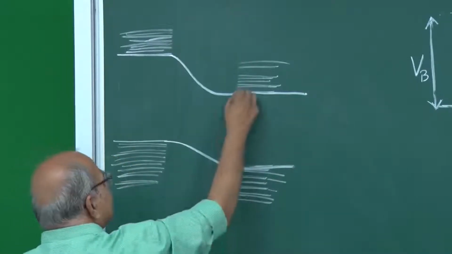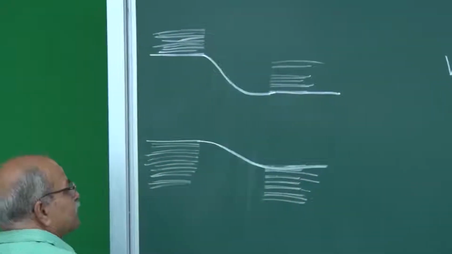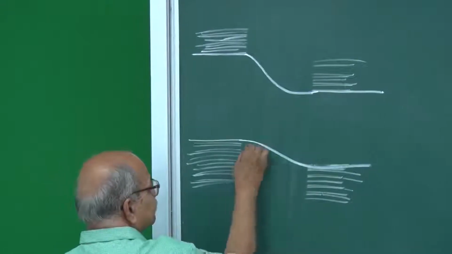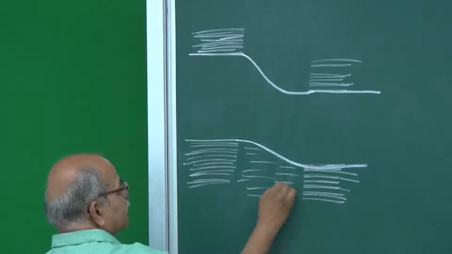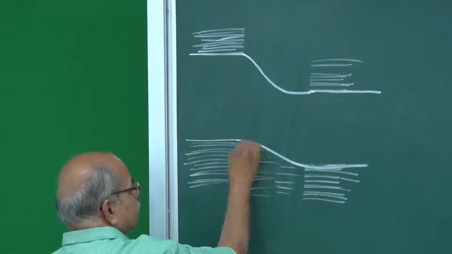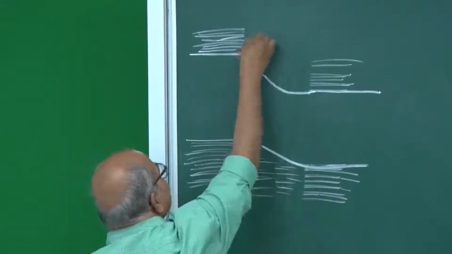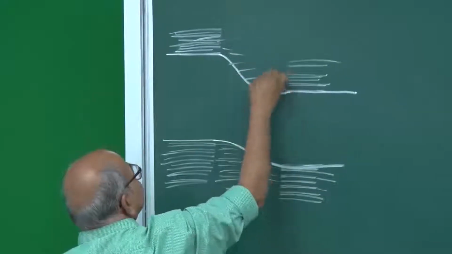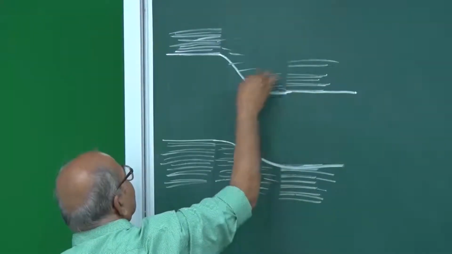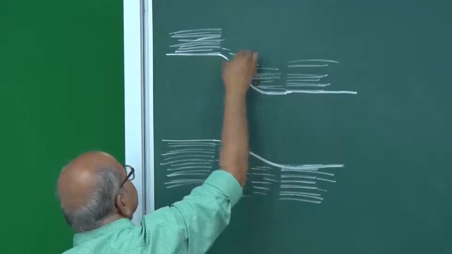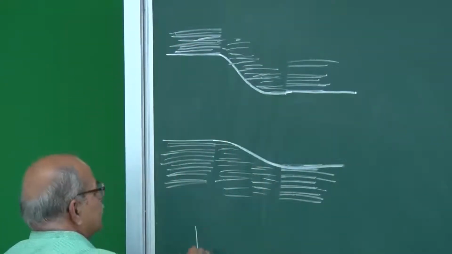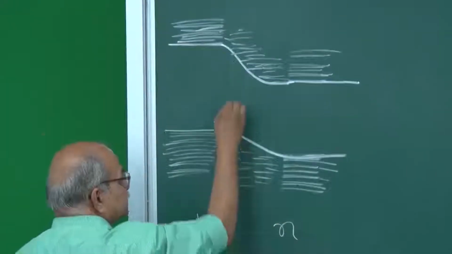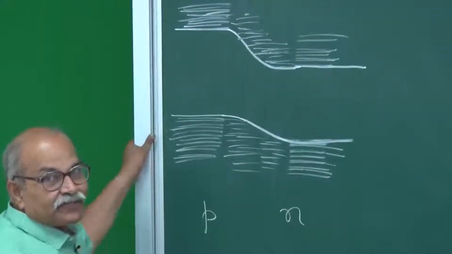So that's the kind of energy diagram you will have. These are your valence band energies, and these are the conduction band energies. So the band is shifted like this. This is P side and this is N side. This is the depletion region and so on.